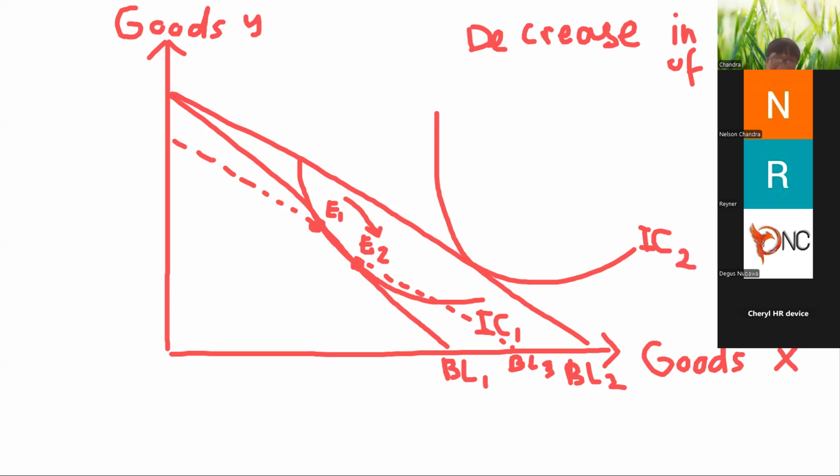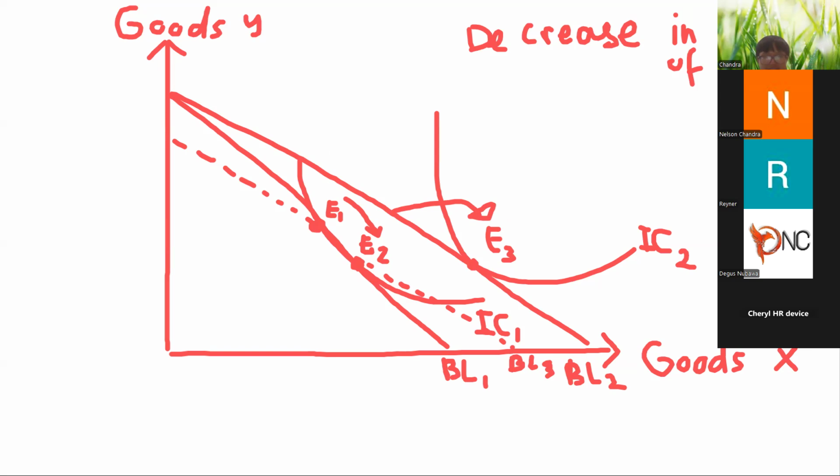This will be indifference curve 2, and this will be E3. Yeah, that will be E3. That will be the income effect.